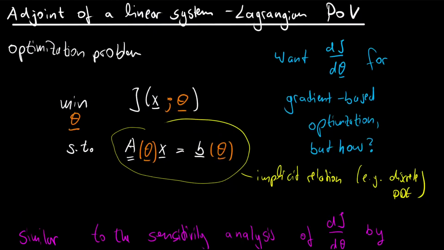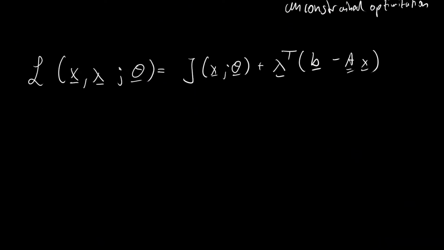And now, instead of taking the derivative of j with respect to theta, we will take the derivative of L with respect to theta. So we will have dL by d theta. And also remind yourself that this is the total derivative. So we are interested in all the nested dependencies of our quantity. We will have an x, which has a further dependency on theta. The Lagrange multiplier does not have any nested dependencies.